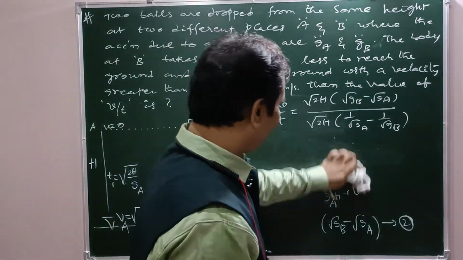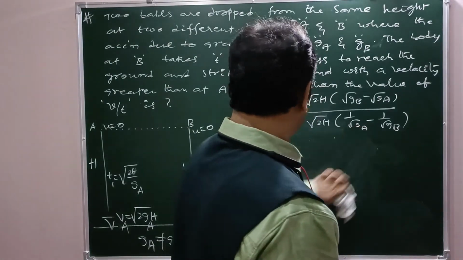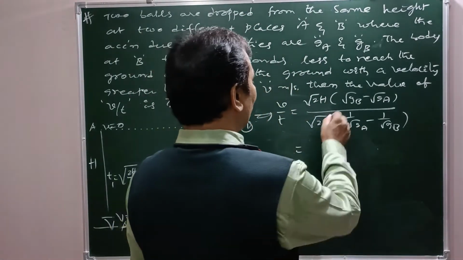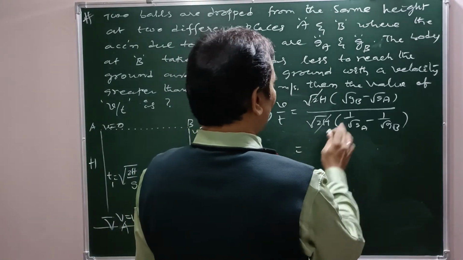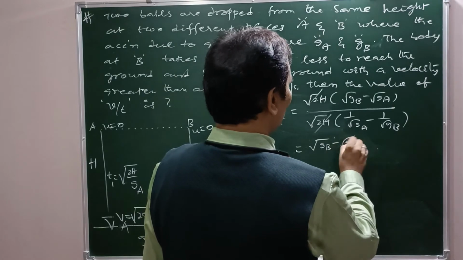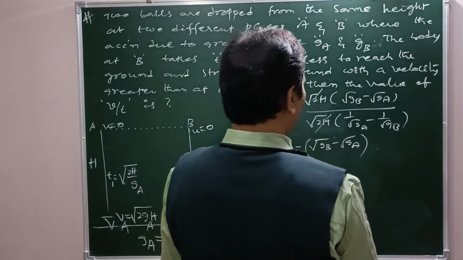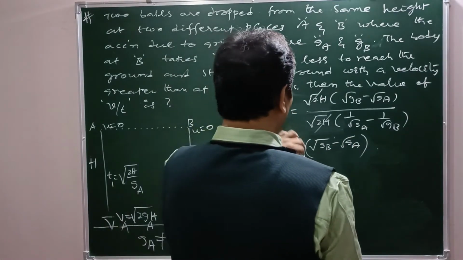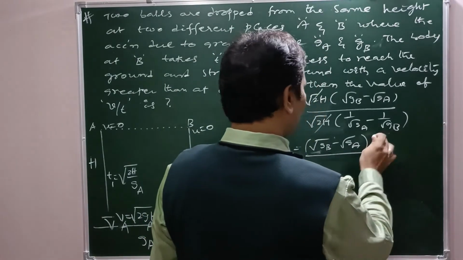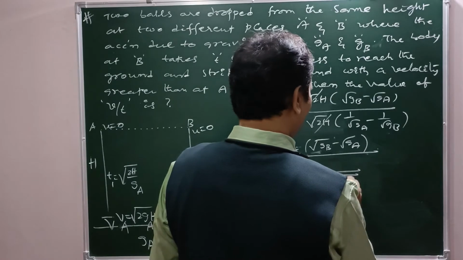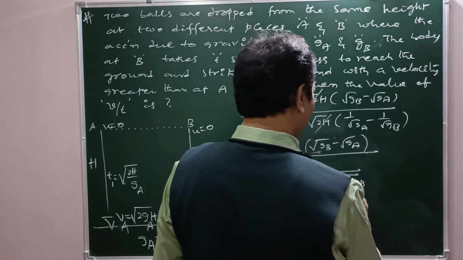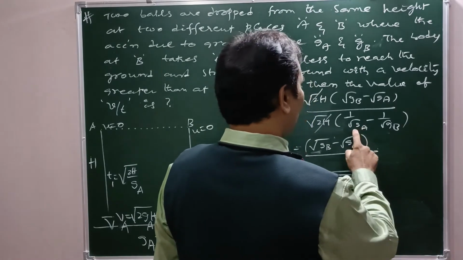Now on extending, see here, V by T is equal to, root 2H cancels. Now here root GB minus root GA whole into, take LCM here. What is the LCM? That is root GA GB, root GA into root GB.